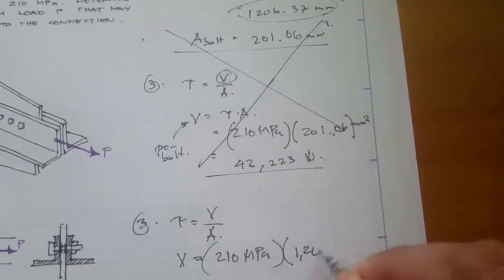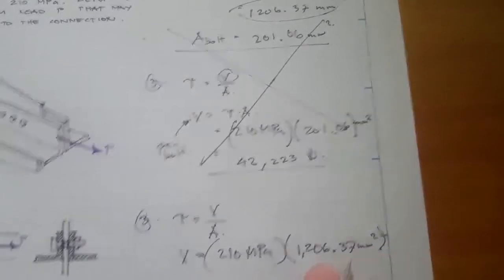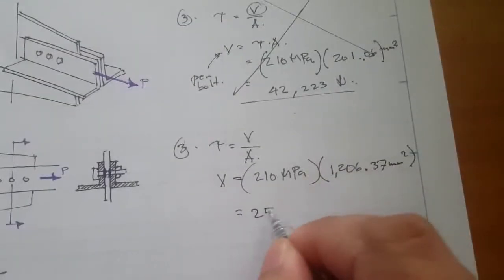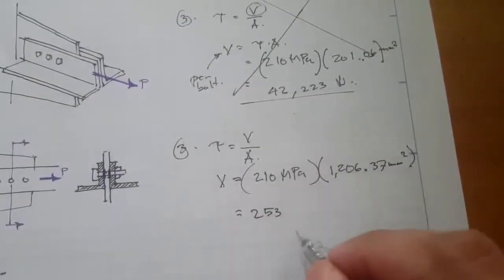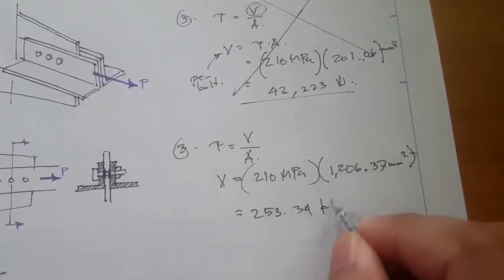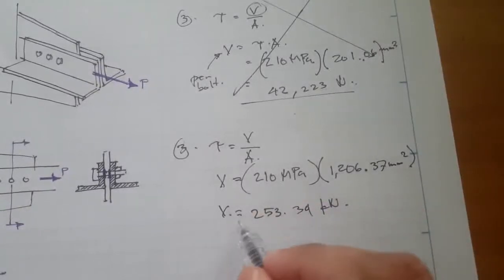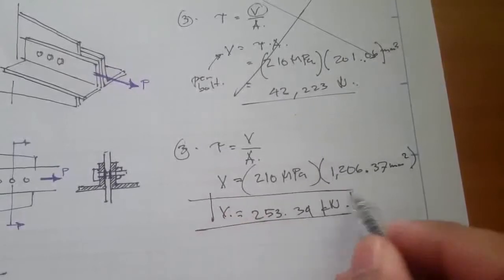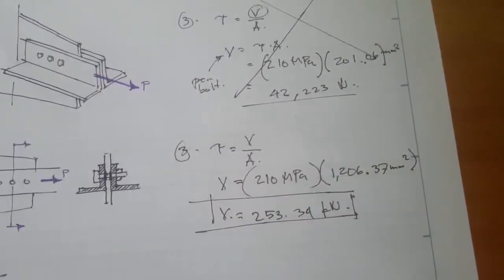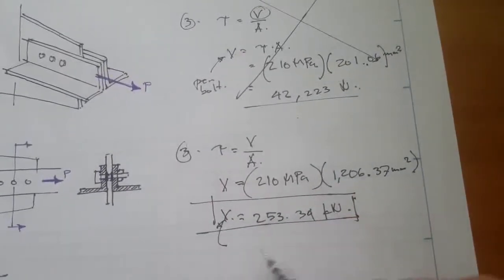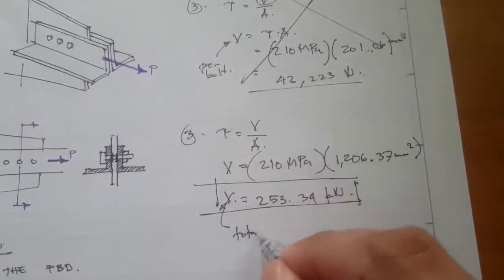So 1,206.37 mm squared, and this is 253.34 kilonewtons. Again, this is total.